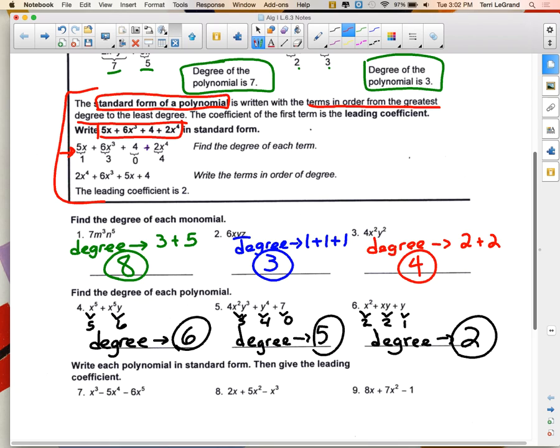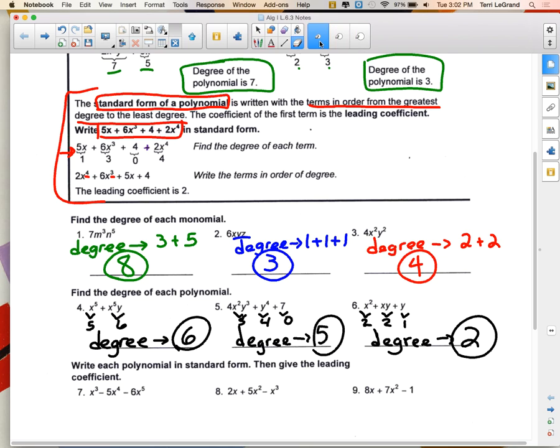The first one has a degree of 1, the next one 3, 0, and then 4. Well, that's not greatest to least, is it? So they got rearranged so that the one with the exponent of 4 is first, the one with the exponent of 3 is next, the one with an exponent of what? What's the next one's exponent? 1 is next, and the next one, 0. So now it's in standard form.